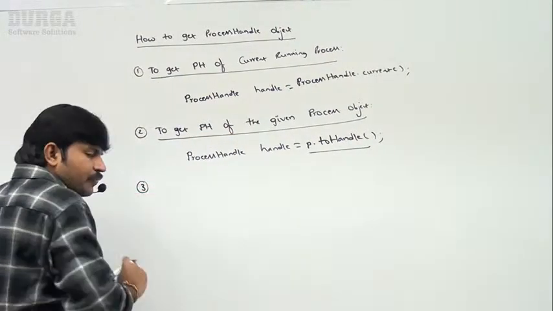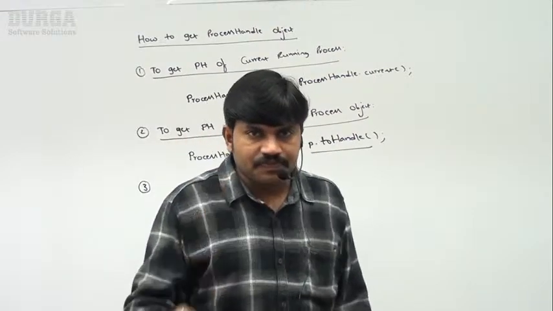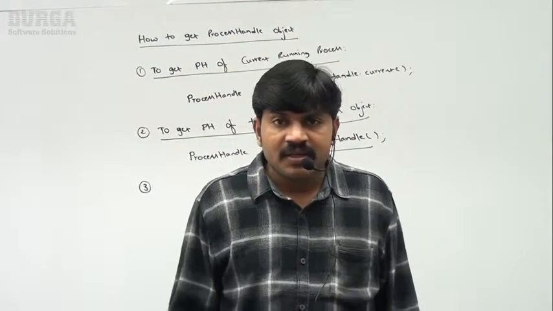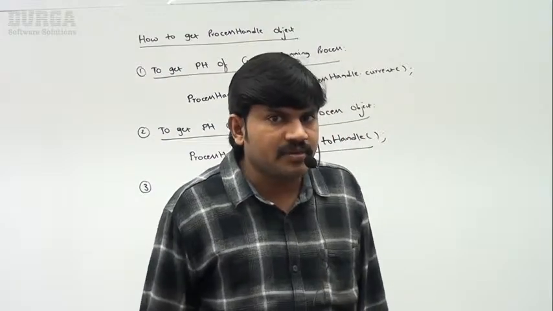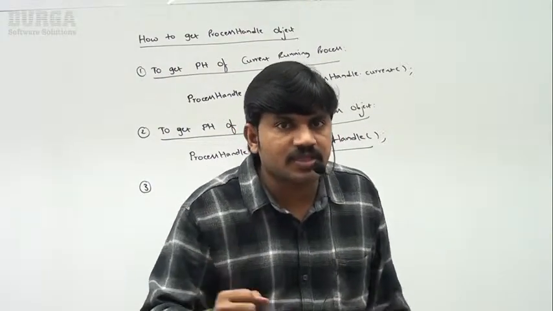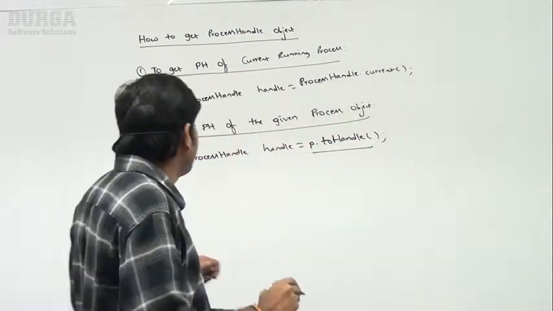Third one, sir: I know the process ID. Sir, if you know the process ID, how to get the corresponding ProcessHandle object? I know the process ID. How to get the corresponding ProcessHandle object? Very simple, sir.